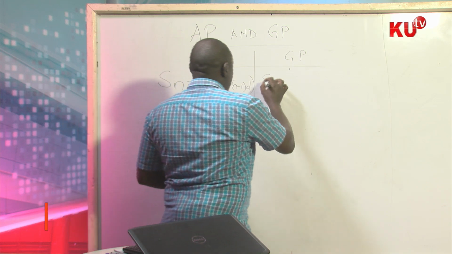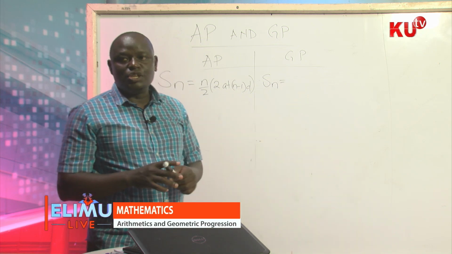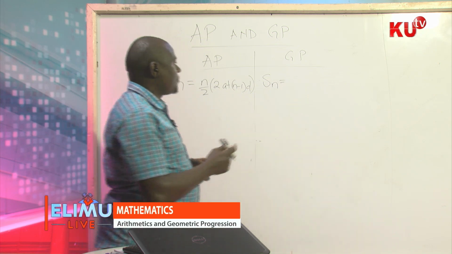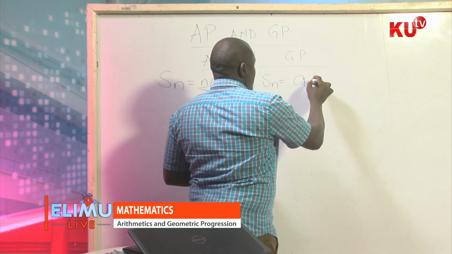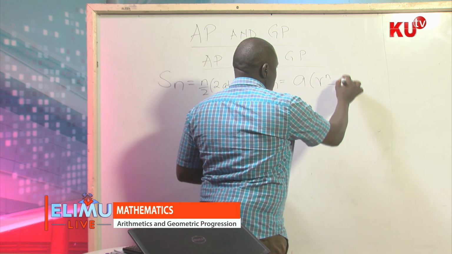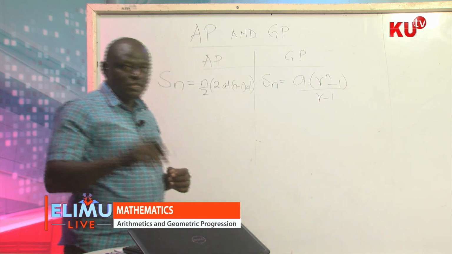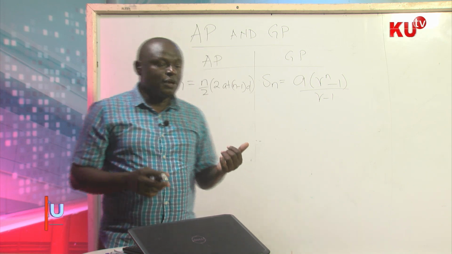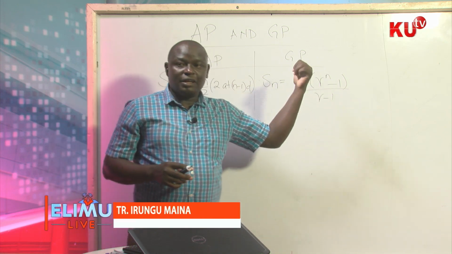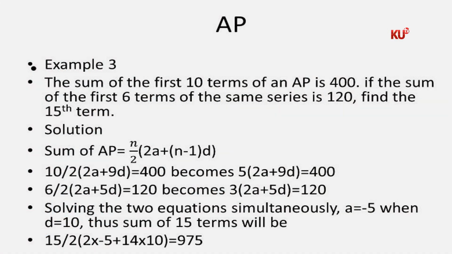How do we get the sum in GP? Sum in GP is given by a into bracket r power n less 1, divided by r minus 1, as indicated on the board.